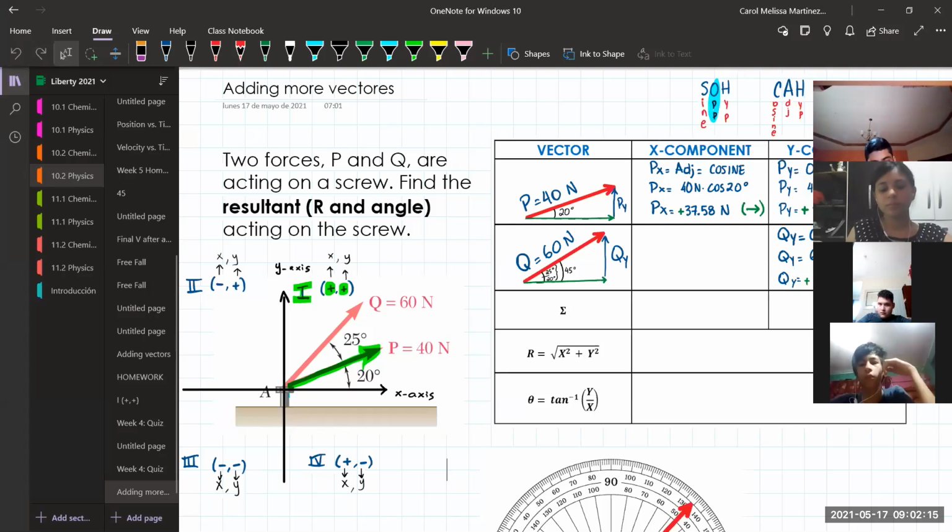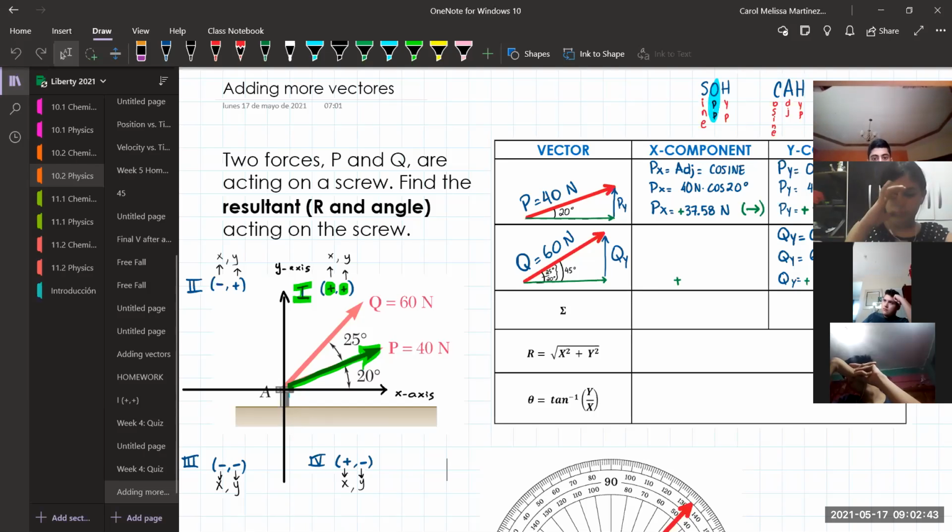Remember, again, I repeat, you analyze your vector. You say, okay, my vector is again located in the first quadrant, so my two components are going to be positive. So I'm going to write now the sign of my other component.